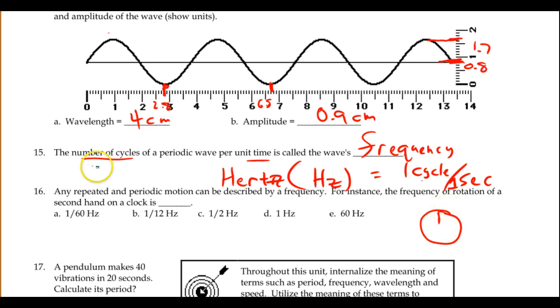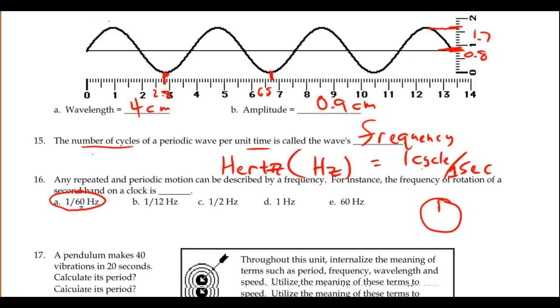So the frequency of the second hand would be 1/60th hertz. 1 cycle for every 60 seconds of time. 1 complete cycle around for every 60 seconds of time.